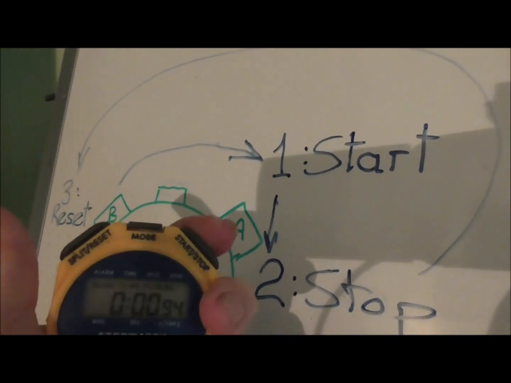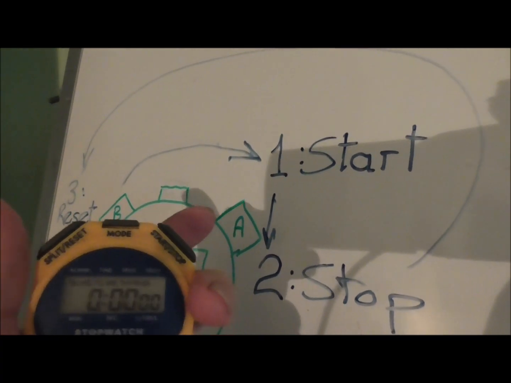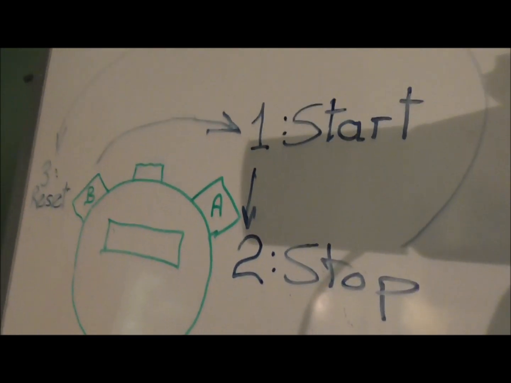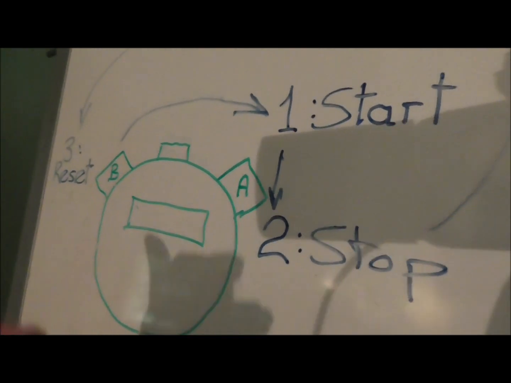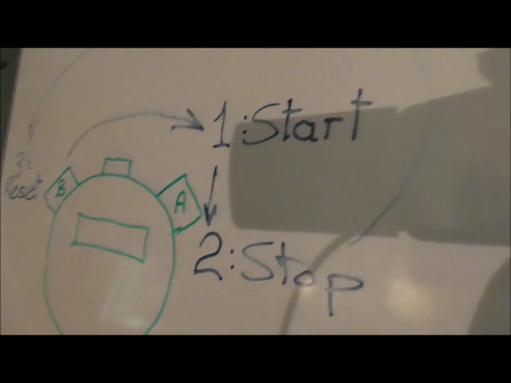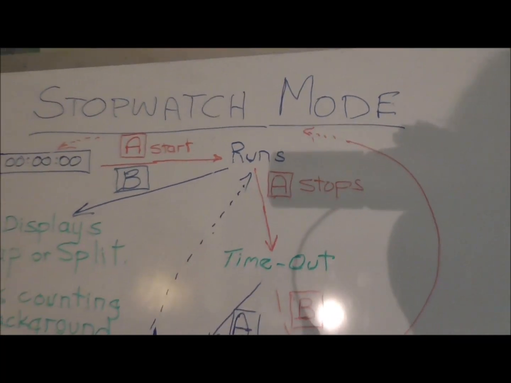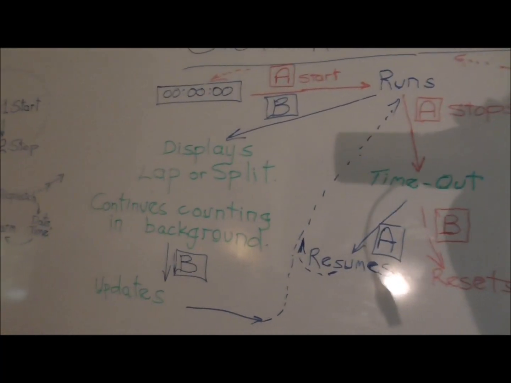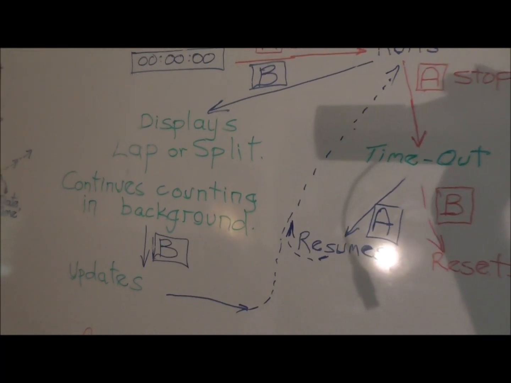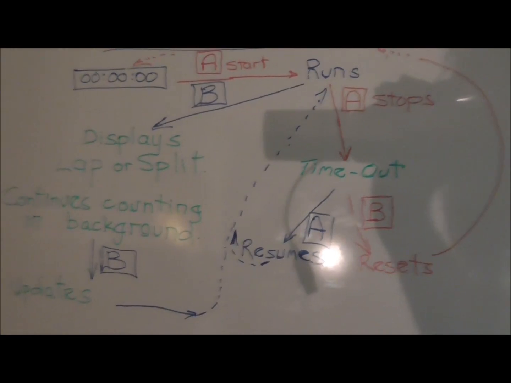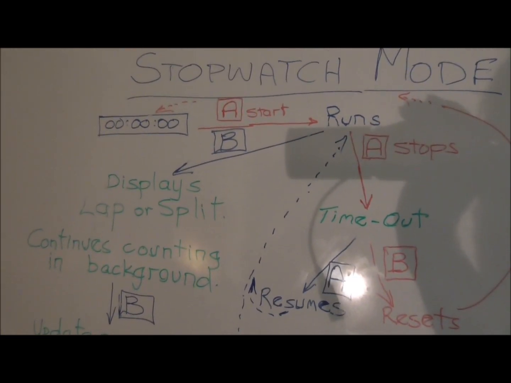Start, stop, reset. So that's it in sort of what it looks physically on your watch. Over here is a flow diagram. Not everyone can relate to a flow diagram, but it is required to explain to you how things can go wrong.